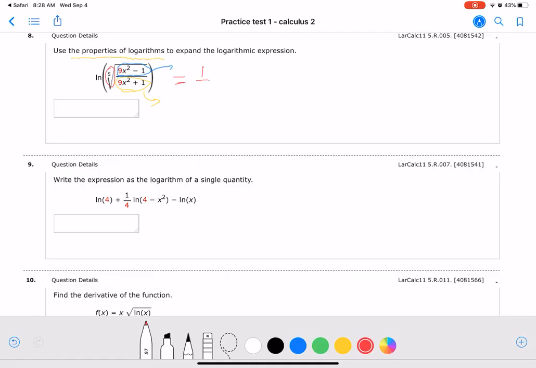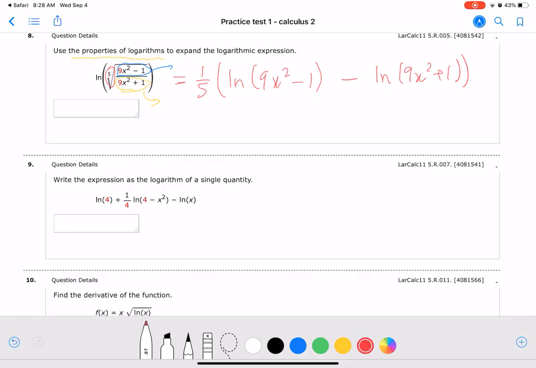So you write 1/5, and then ln of 9x squared minus 1, because it is on the top, and then you have ln of 9x squared plus 1, but with the negative sign, because that is in the bottom. Done. So that is your answer. Basically, if you remember this principle, you can solve this problem in 30 seconds.